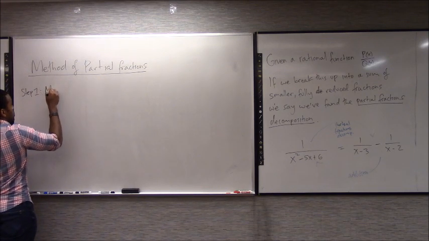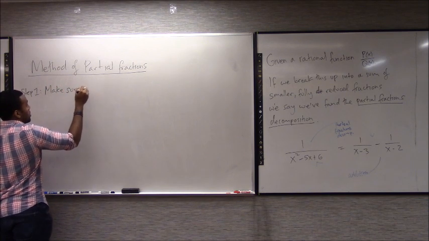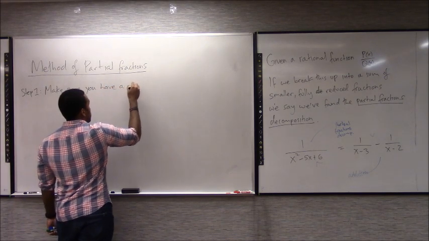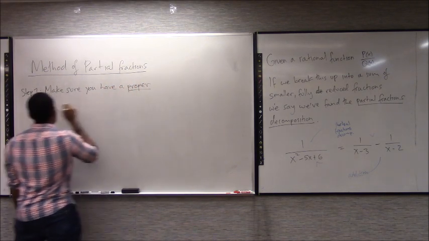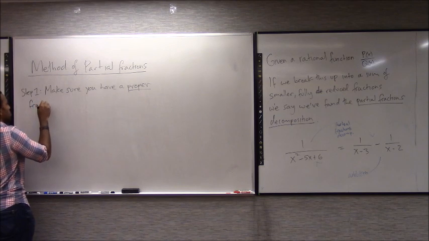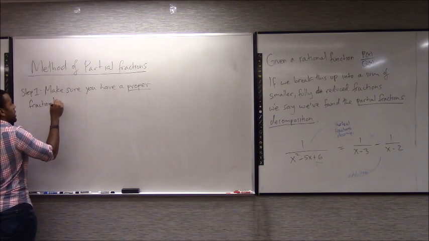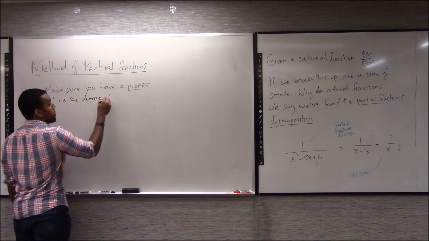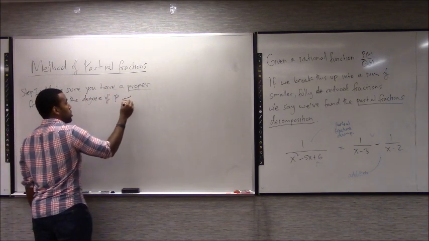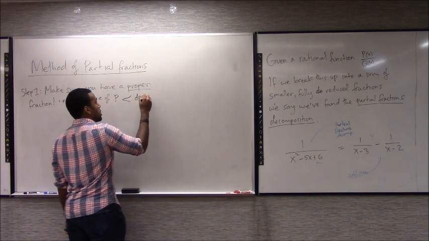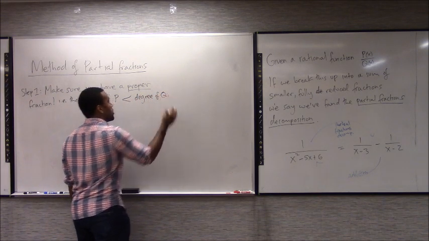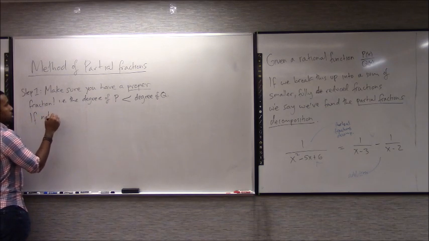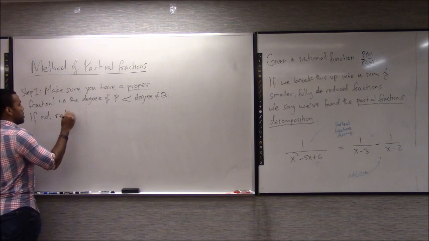The first thing you want to do is to make sure you have a proper fraction, i.e., the degree of p must be smaller than the degree of q. If not, reduce first.